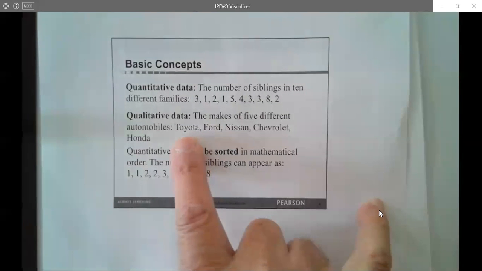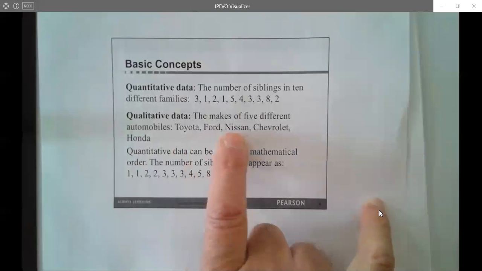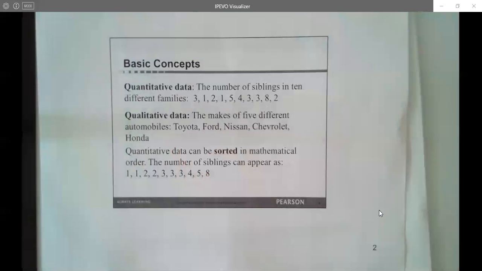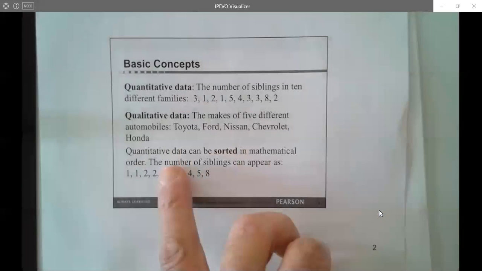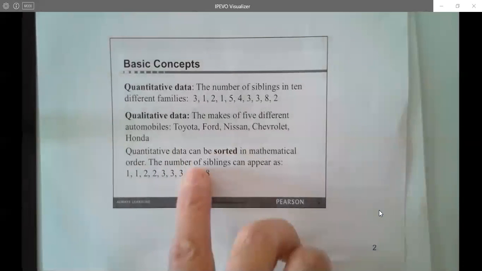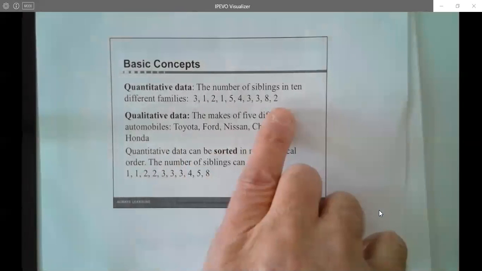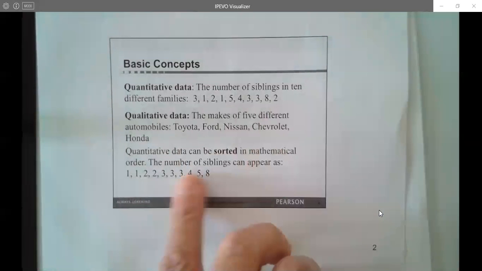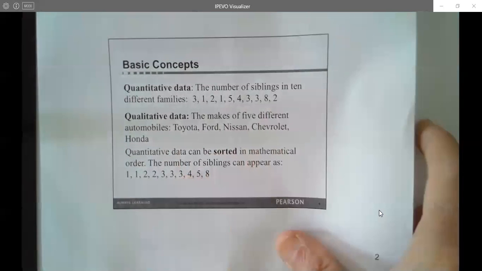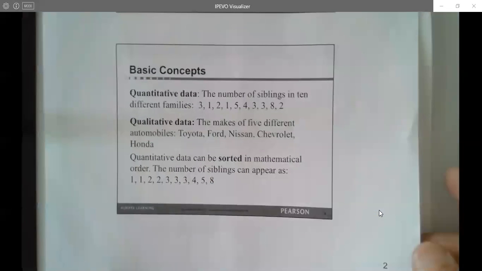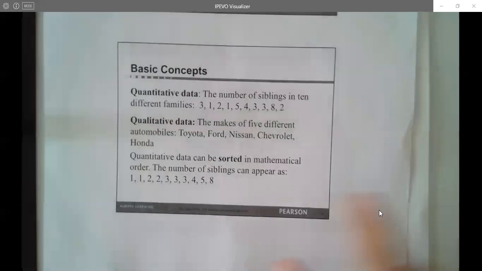Toyota is totally different than Ford, Nissan, and so on, but you can group all Toyotas together and all Fords together and all Nissans together. Quantitative data can be sorted in mathematical order, so we can sort it out and make that easier to work with.